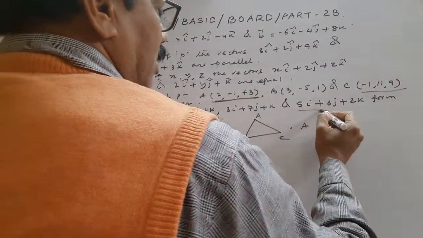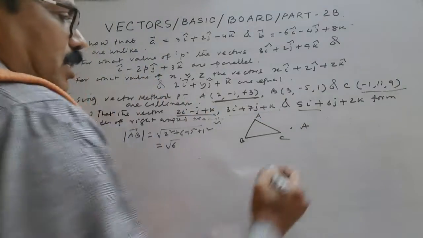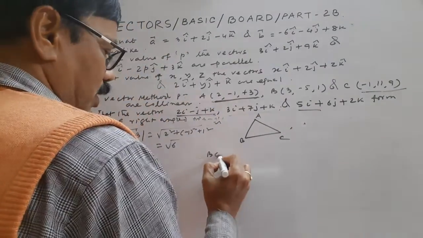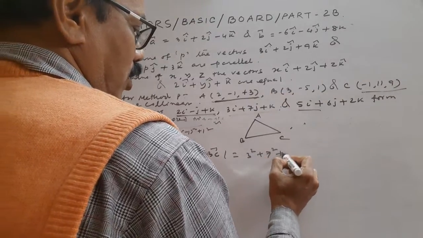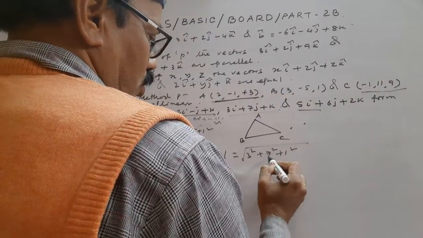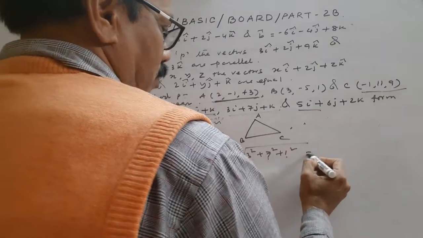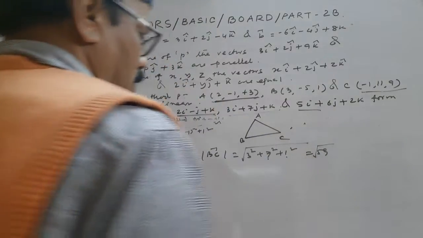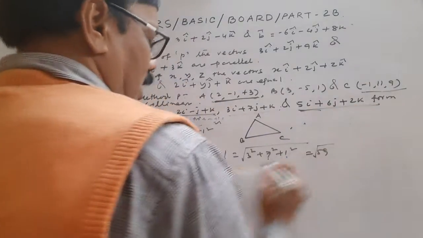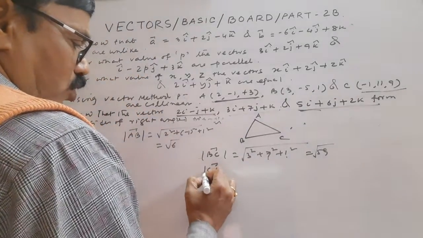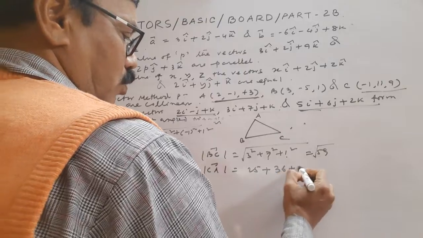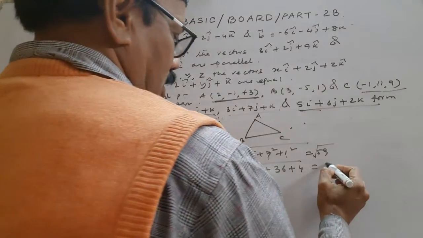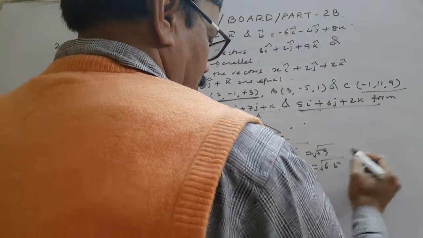If we consider this as BC, what is mod BC? 3 square plus 7 square plus 1 square, so 49, 50, 59, root 59. If you consider this as CA, mod CA equals 25 plus 36 plus 4, so this is 65.